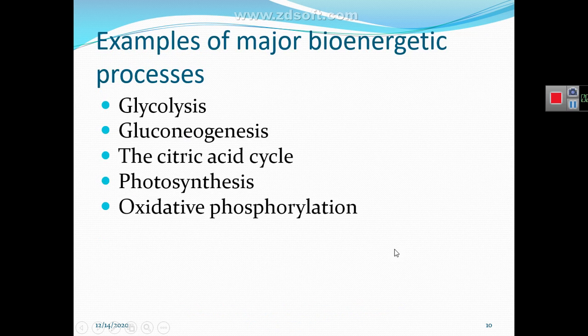So here are some examples of bioenergetic processes that we have studied until now: glycolysis, gluconeogenesis, citric acid cycle. We have studied all these pathways in our previous lectures.